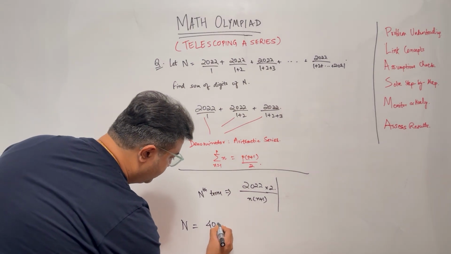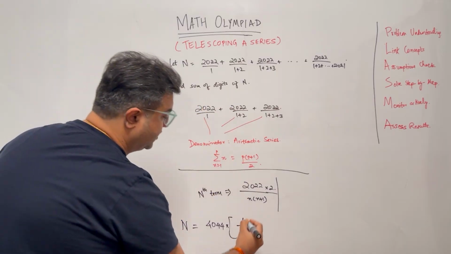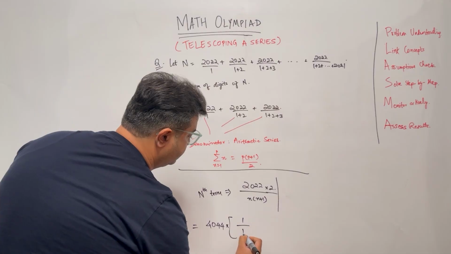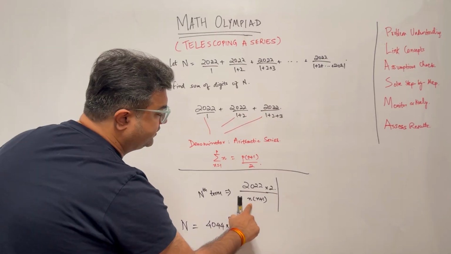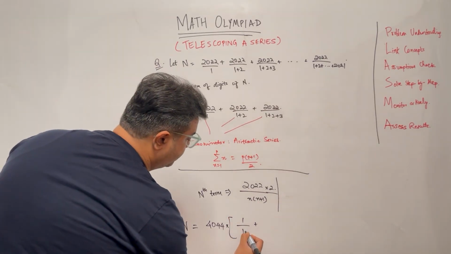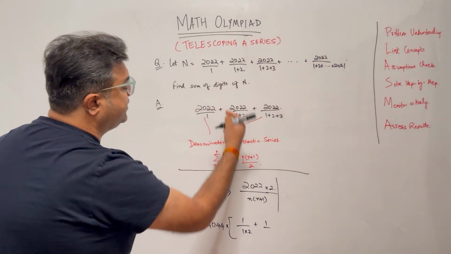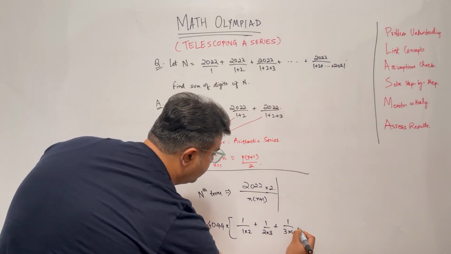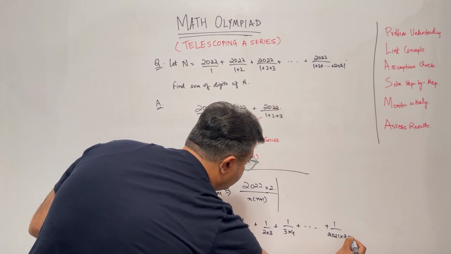So this will become 4044 multiplied by 1 upon 1 into 2, then the second term will become 2 into 3, then the third term will become 3 into 4, all the way up to the last term, which will become 2021 into 2022.